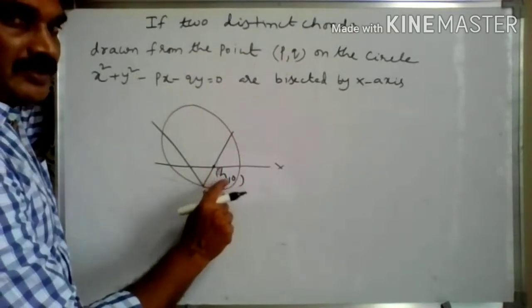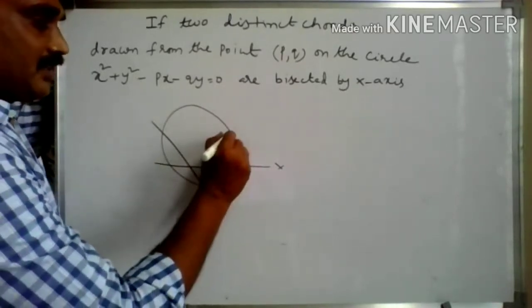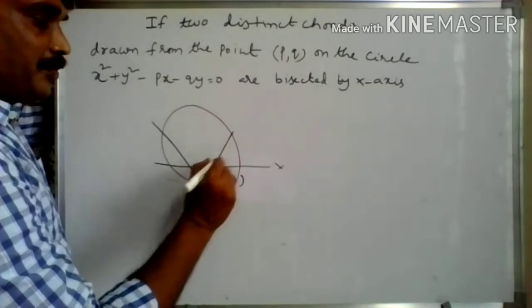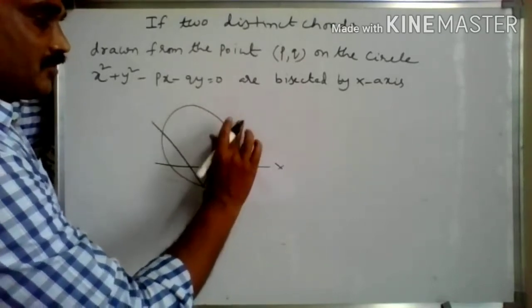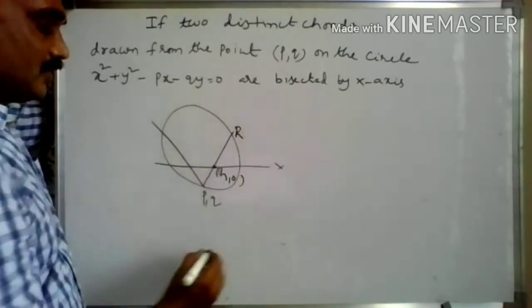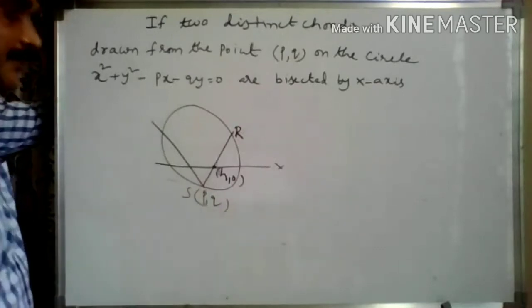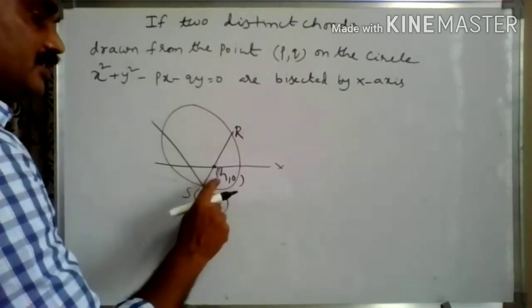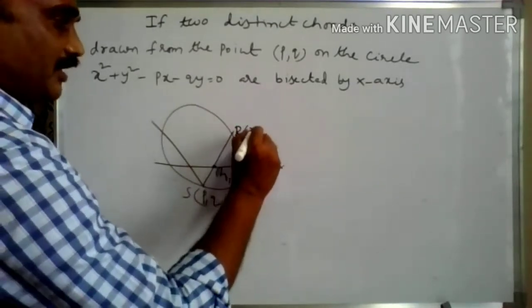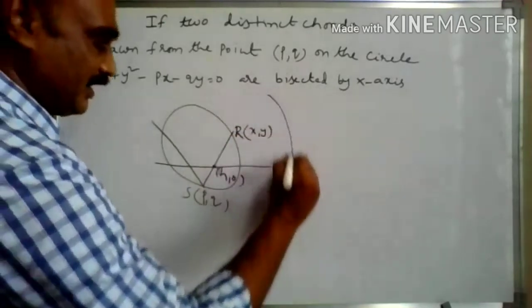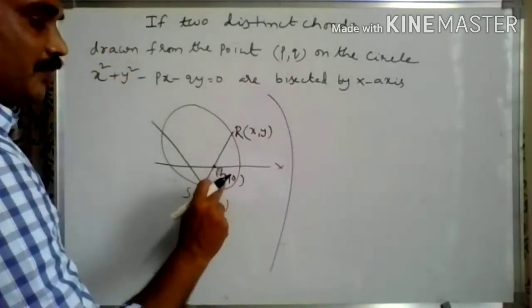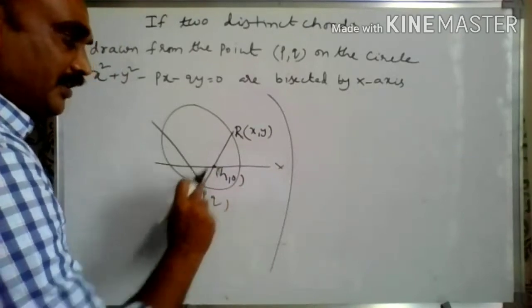So the x coordinate is h and the y coordinate is 0. Students, bisected means this is the midpoint. Suppose this point is Q, this is R, and suppose this is point S. Suppose another point is (x, y). Bisected means (h, 0) is the midpoint of SR. By the midpoint formula, (h, 0) = ((p + x)/2, (q + y)/2).